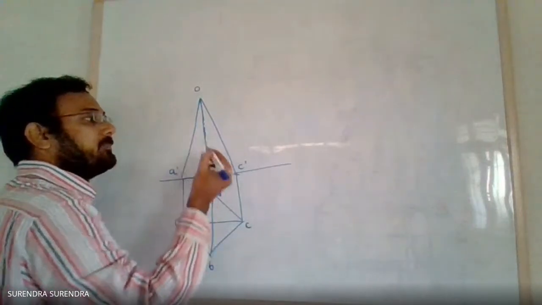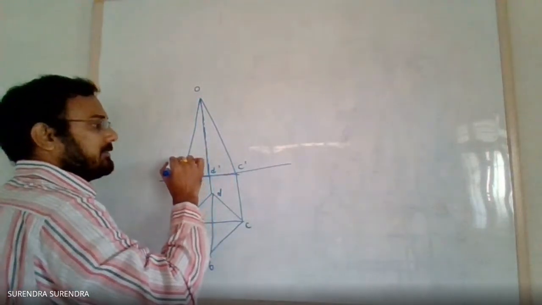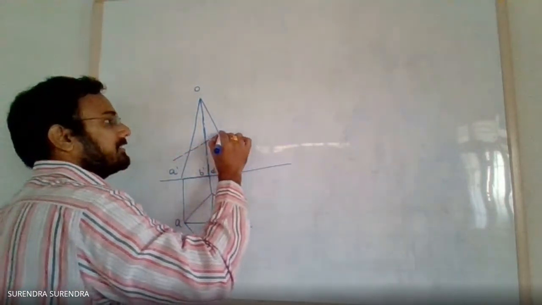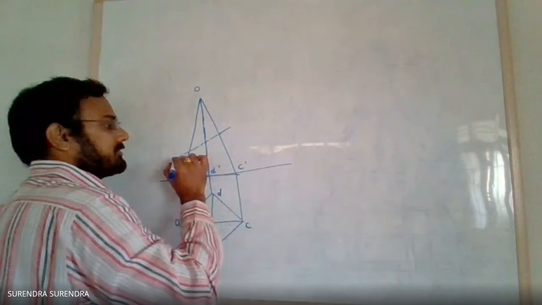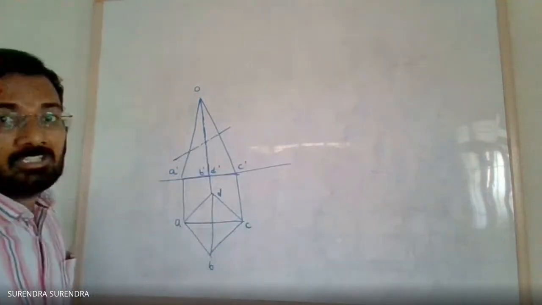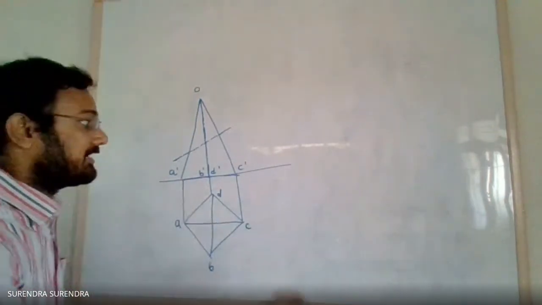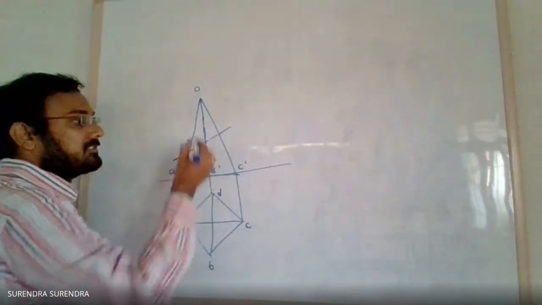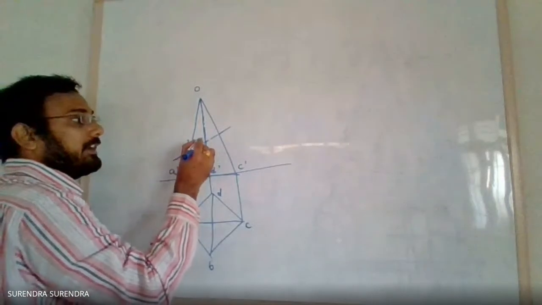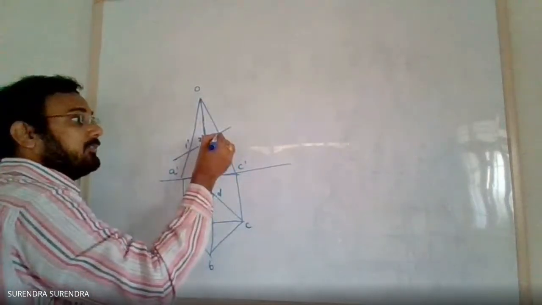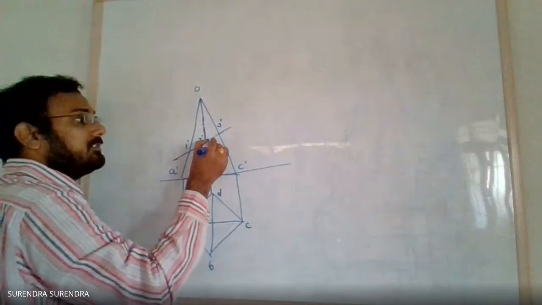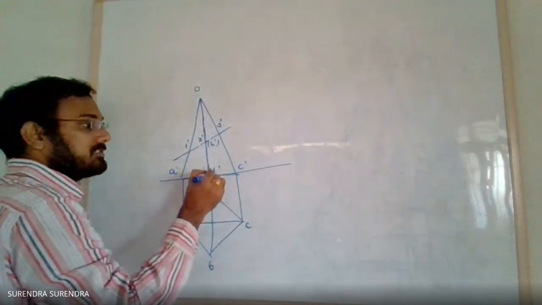So, identify the midpoint of the axis and draw the cutting plane inclined at 30 degrees to the base. Now, this cutting plane is intersecting slant edge AO at 1 dash, BO at 2 dash, CO at 3 dash, and DO at 4 dash.